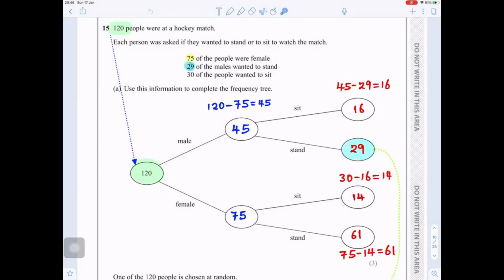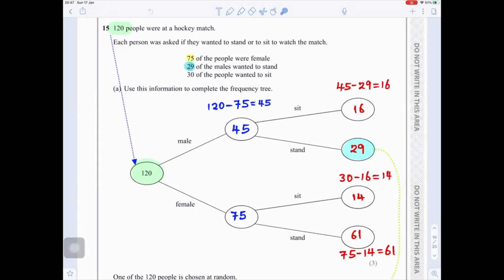So altogether, 120 people. And we have 45 were male. So 120 take away 75 gives you 45. So 45 male and 75 female.